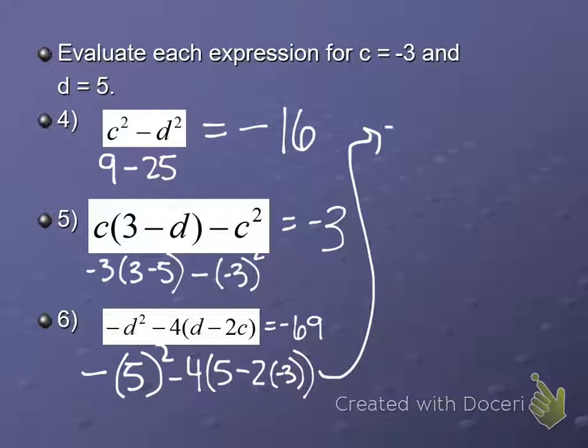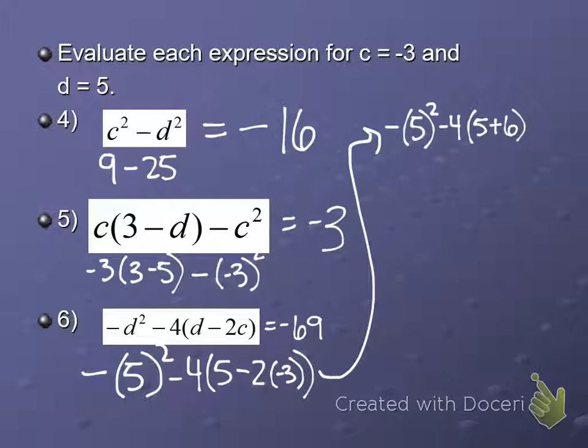We'll talk about this exponent again in just a second. But for now I'm going to leave it because the first thing I want to deal with is inside the parentheses. So it's still going to be a negative 25. So in here we've got 5. A negative 2 times negative 3 would be plus 6.